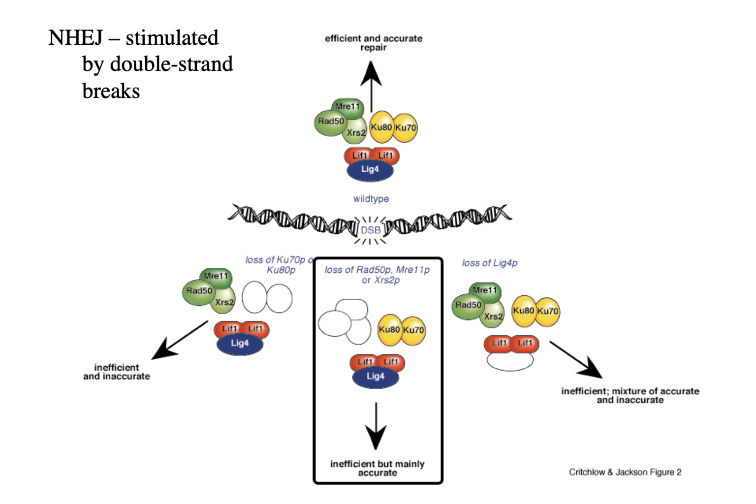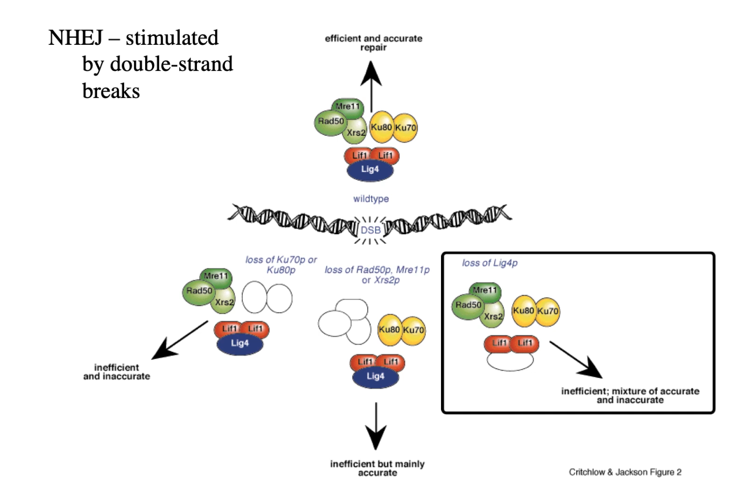On the other hand, if you are missing these three proteins over here in green, then it's inefficient, but it's mainly accurate. So things are lined up correctly and you get ligation, but not very often. And then if you are missing that Lig4 protein, then it's inefficient and sometimes accurate, sometimes inaccurate.